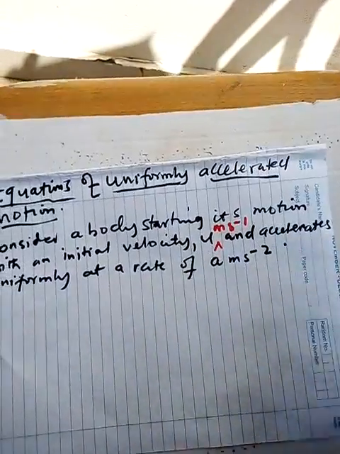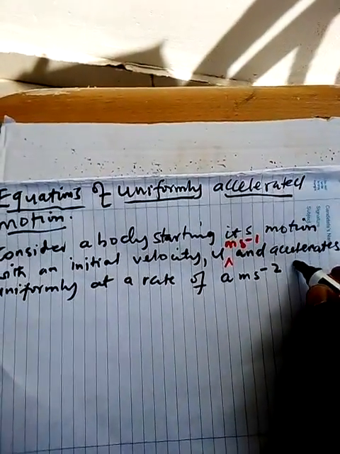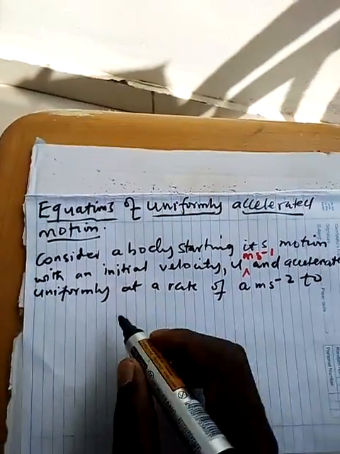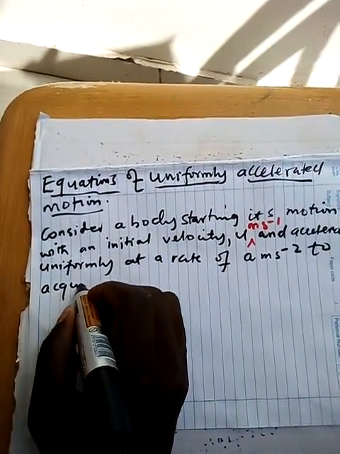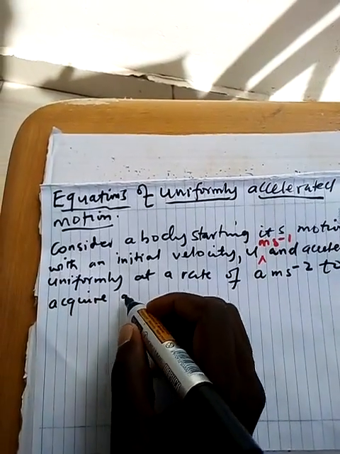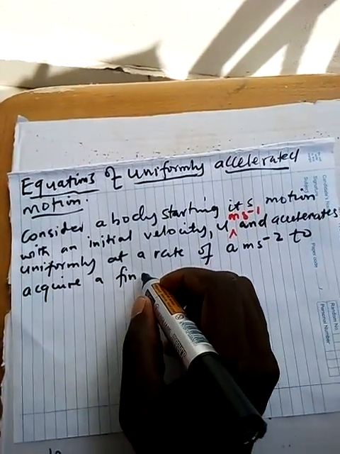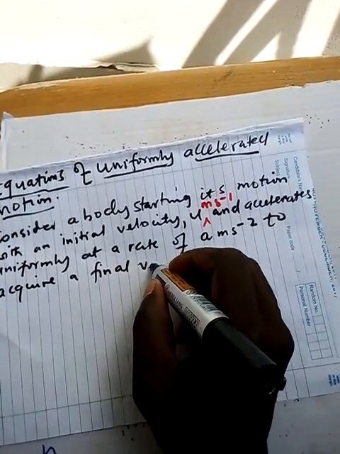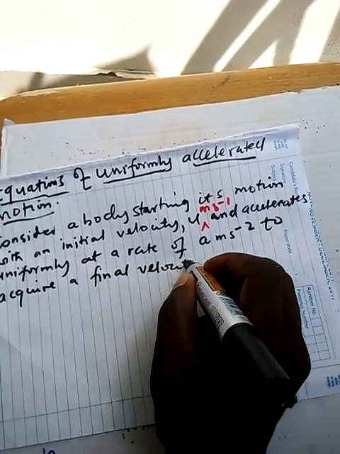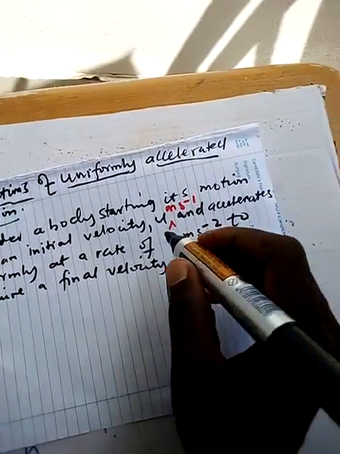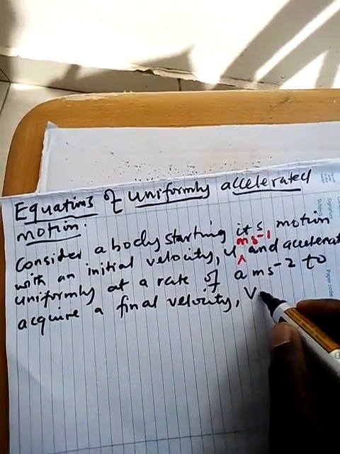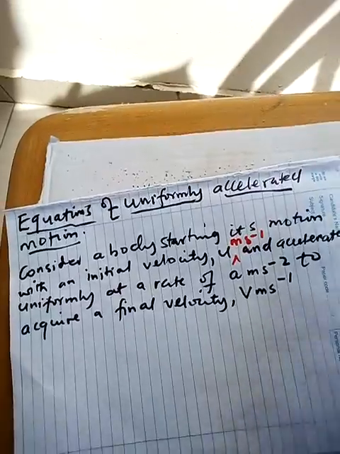So accelerates uniformly at a rate of that to acquire a final velocity v, that is small v, meters per second.